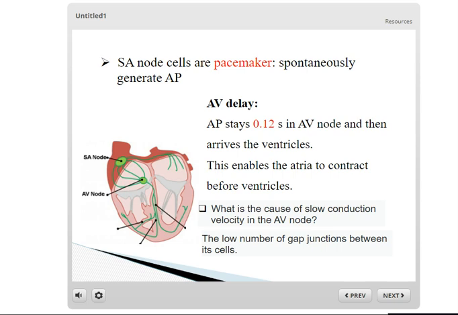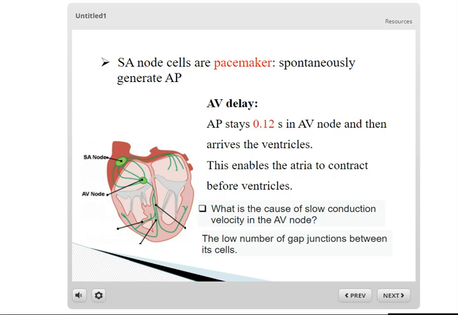The AV delay allows for the efficient and coordinated pumping of blood from the heart. It ensures that the atrial contraction, or atrial systole, precedes the ventricular contraction, or ventricular systole, optimizing the filling of the ventricle and the overall cardiac output.